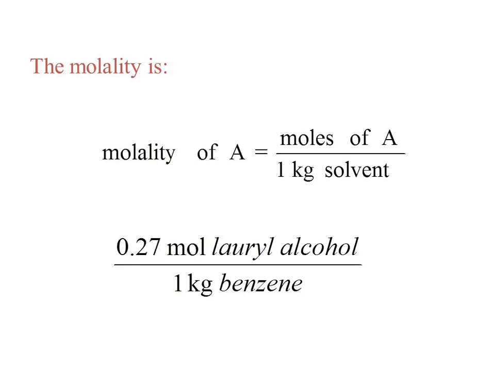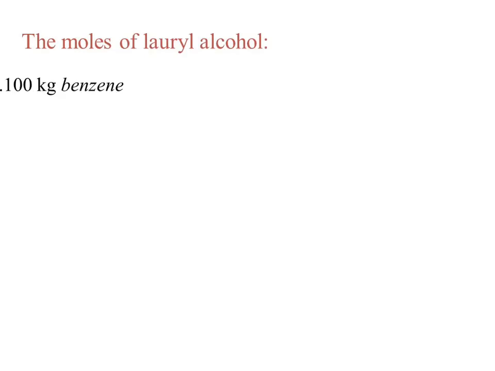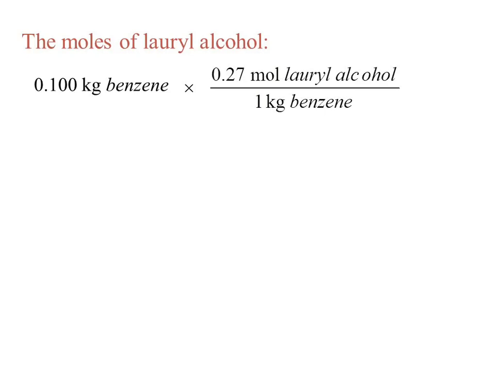So what I'm going to do is basically scale up those moles to this mass that was given. I didn't have 1 kilogram of benzene, I had 0.100 kilograms of benzene. With that in mind, what number of moles of solute did I have then? So I can take my 0.100 kilograms of benzene, which is what I had, and then multiply it by the molality, which is what I came up with.